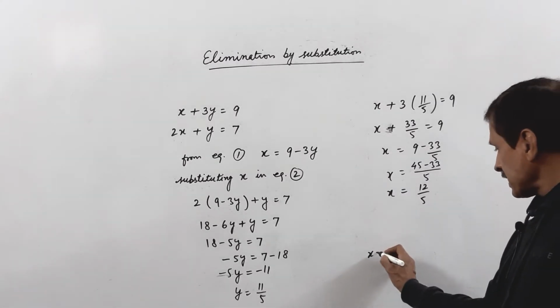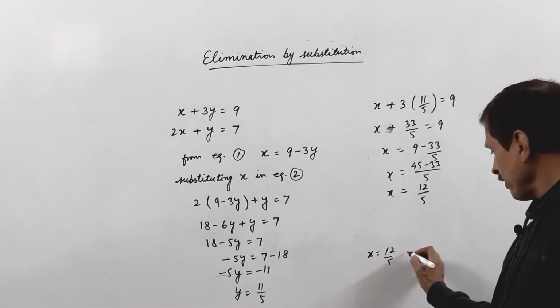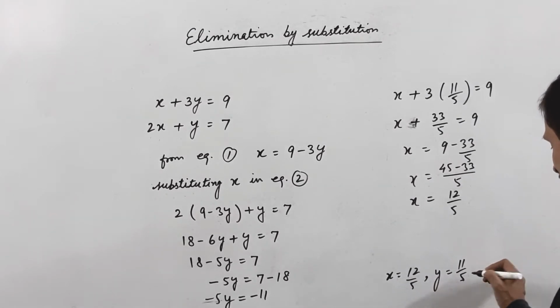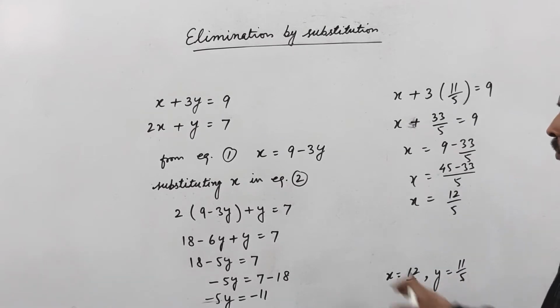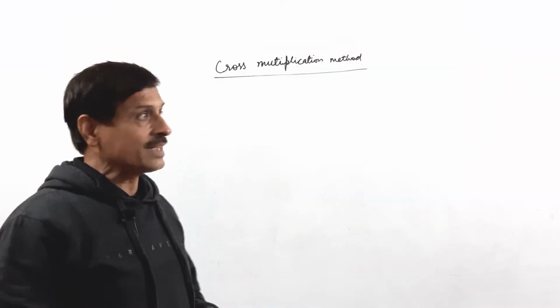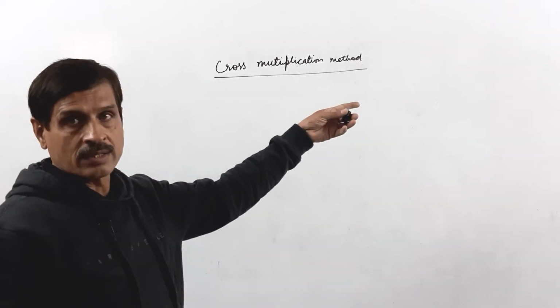So thus x is 12 upon 5 and y is equal to 11 upon 5 is the common solution for the two equations. Third algebraic method, that is the cross multiplication method.